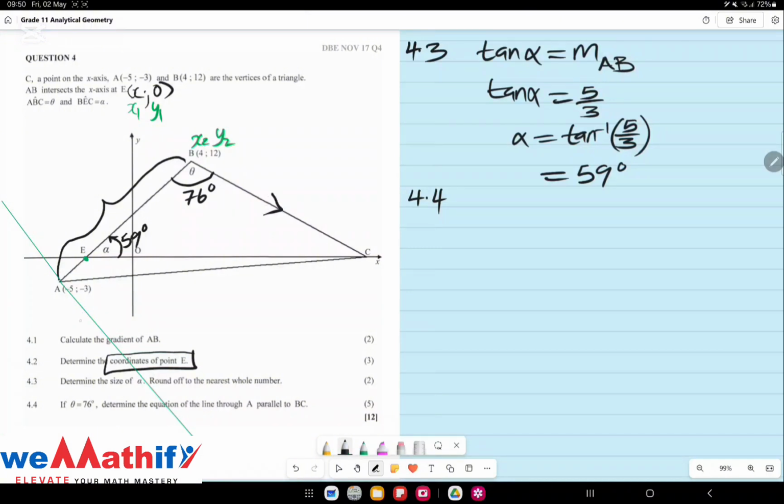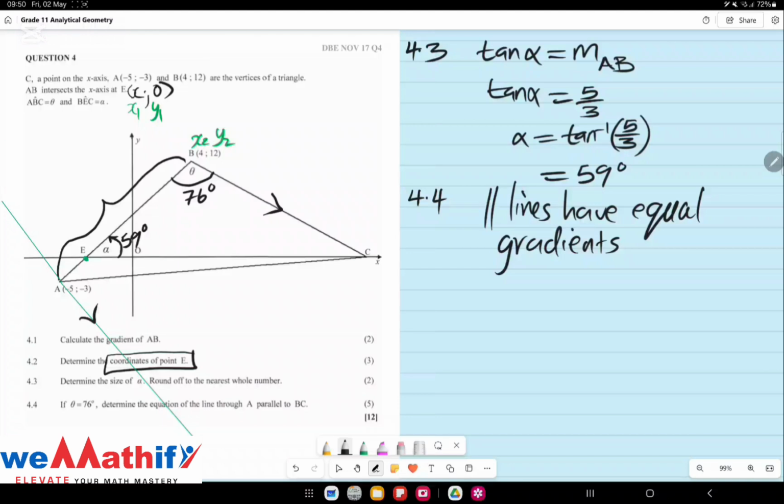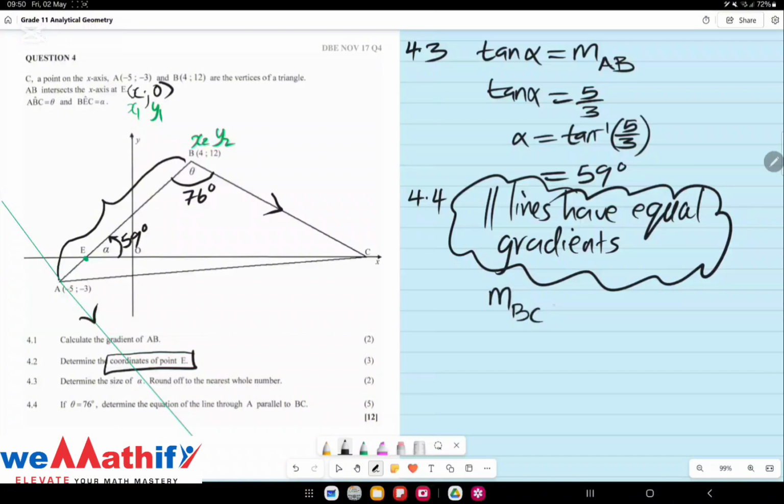So these two lines are parallel, and we know that parallel lines have equal gradients. This is important. So basically we know that the gradient of BC is equal to the gradient of this new line. We're interested in the equation of the new line, which means we need to find its gradient. But to find its gradient, we need to find the gradient of BC first.